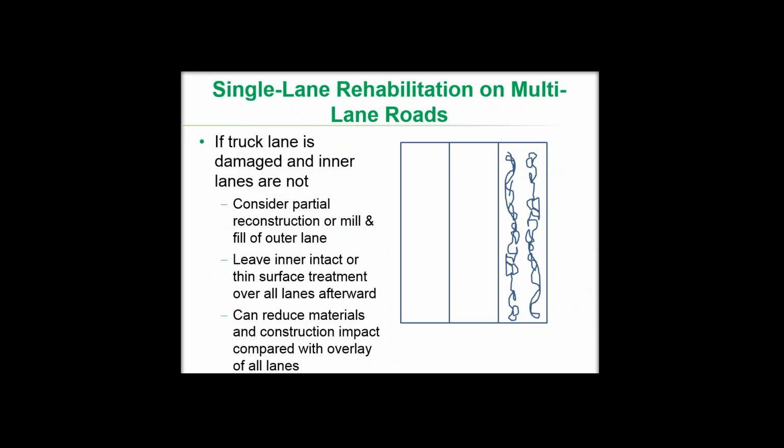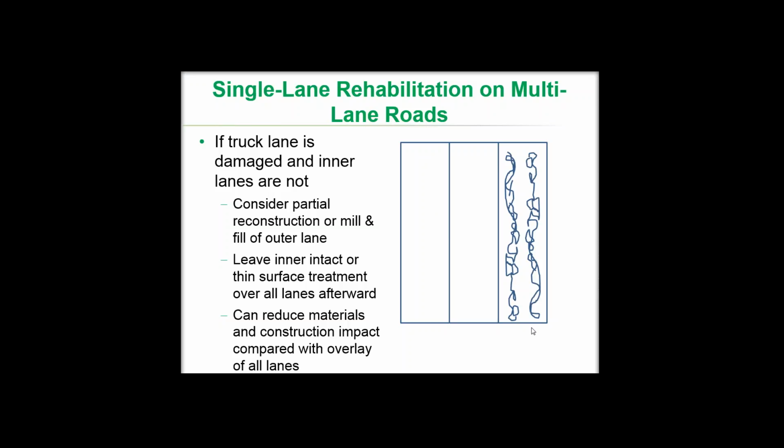Another consideration to reduce environmental impact is if we have multi-lane facilities, but only the outside truck lane is badly damaged, and this is my best attempt at drawing a cracked lane and uncracked lanes.